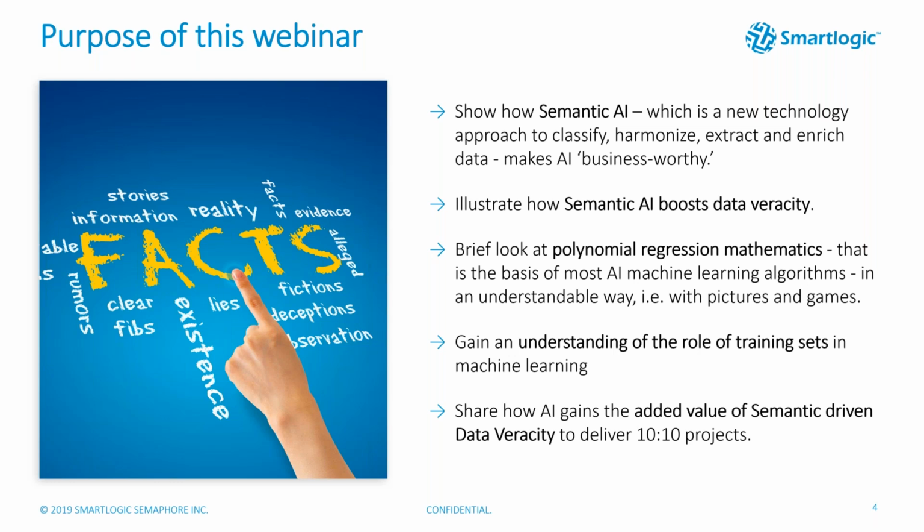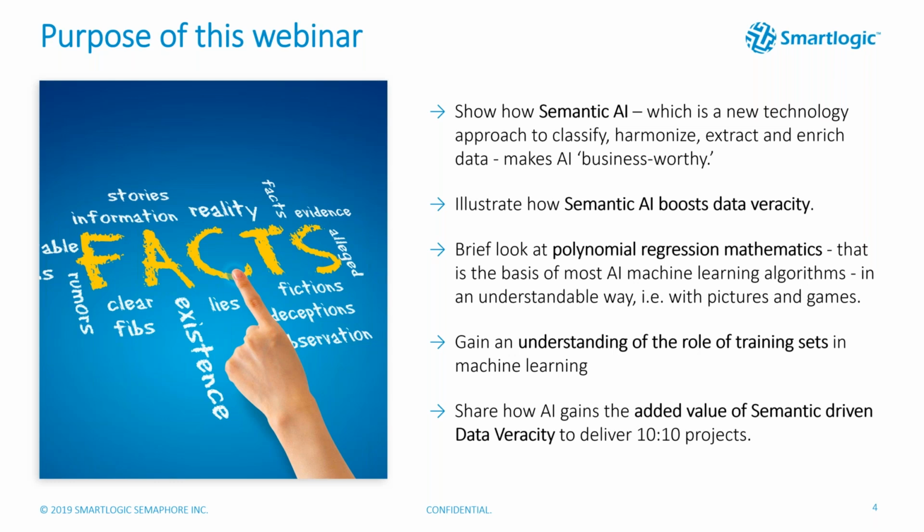We'll come to some of those issues, and look at some of the myths of what machine learning is and isn't, what it's good for and how we can make it better. So we really want to talk about how semantics boosts data veracity, veracity meaning truthfulness, trust, quality of data.